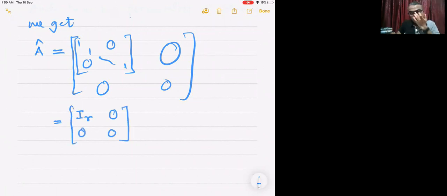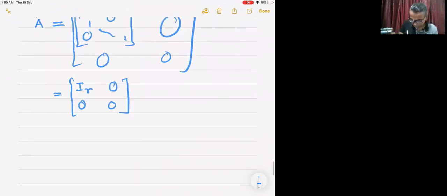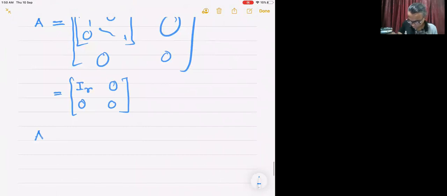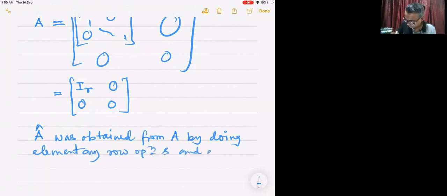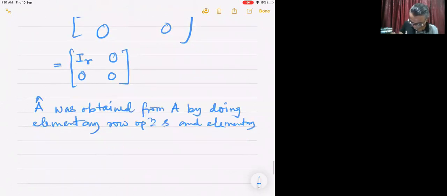Notice, how did we get that A hat? This A hat was obtained from A by doing elementary row operations and elementary column operations.